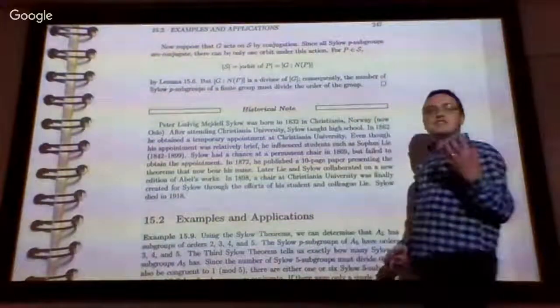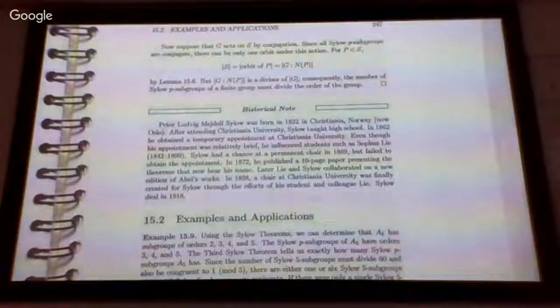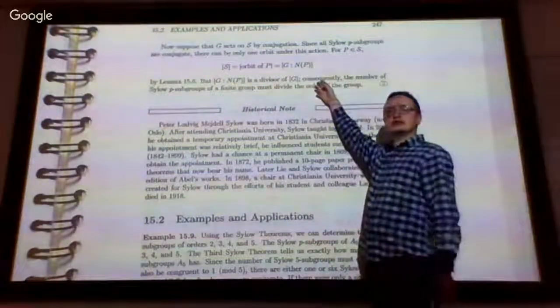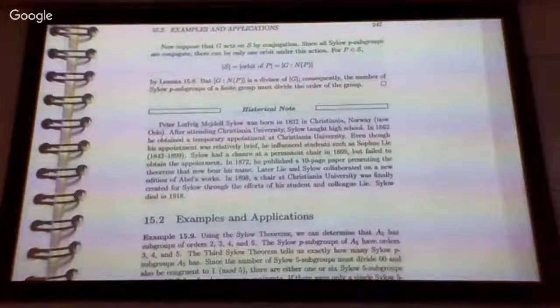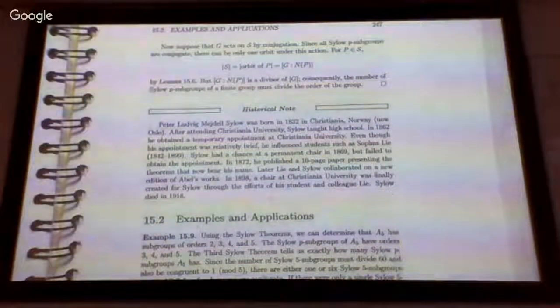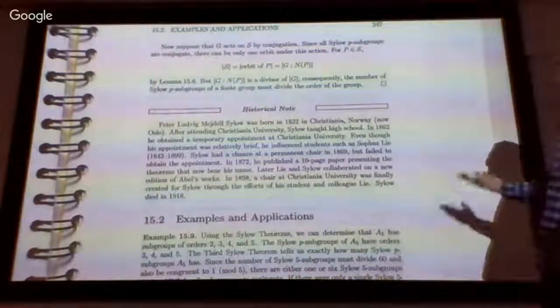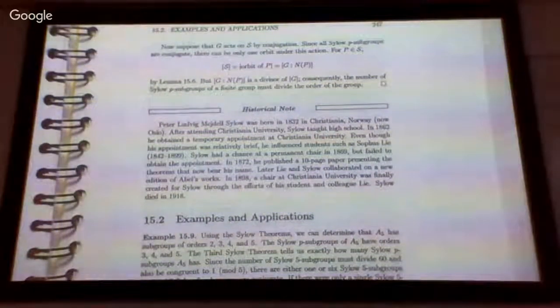So what you're left with is a factor of G. You're taking G and dividing it out by maybe some of its factors, but the result is a factor of G. So K is a factor of G. So that's the second one. K divides the order of G. The index of the normalizer is a divisor of G, consequently the number of Sylow P subgroups must divide the order of the group. So that's it.